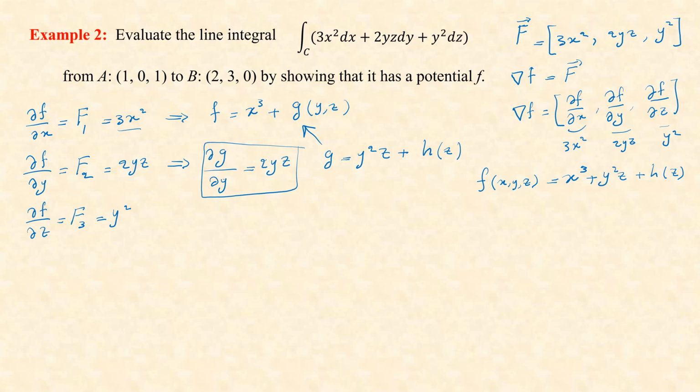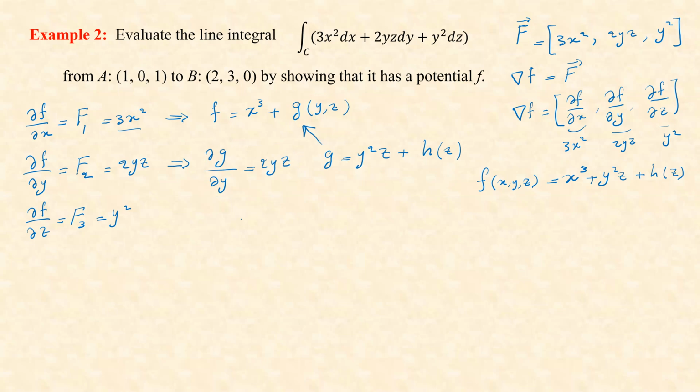So derivative with respect to y of g is 2yz. So if it integrates with respect to y, it becomes y squared z, and we say that there's a constant. That constant should be constant when we change x and y. So far, because f was not a function of x here, g is not a function of x, and this part of g is a function of y. This part of g should not be a function of y either. So it's only a function of z. Is that not clear?